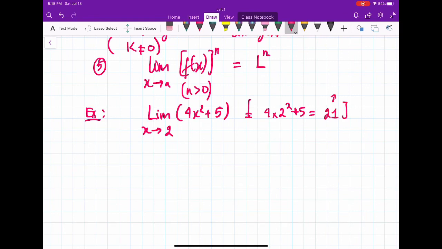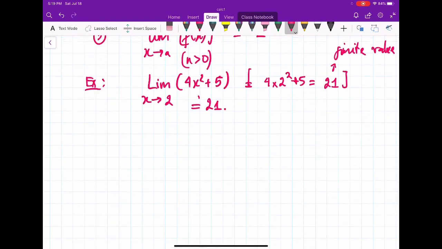This is already a finite value. Done. This is your limit, and the limit is equal to 21. Okay? Of course, in this case, a polynomial is a very good one, right? A polynomial is defined everywhere. So for such a function, you just need to plug the point into the function, and you get what you need.